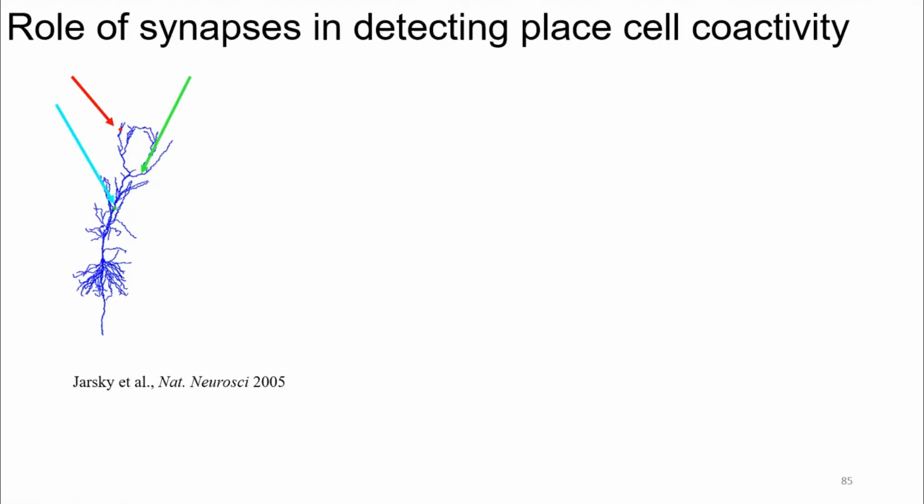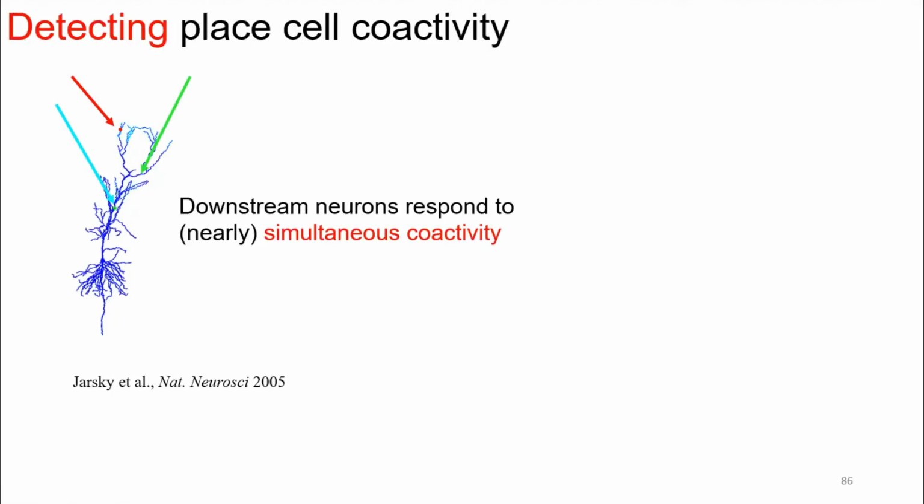You can imagine that there are at least two scenarios for how this information is being processed. In one case, this readout neuron can spike in response to receiving nearly simultaneous coactivity of cells. So it has to receive inputs almost simultaneously, and then it responds. These kinds of neurons are called coactivity detectors, and they actually do exist.